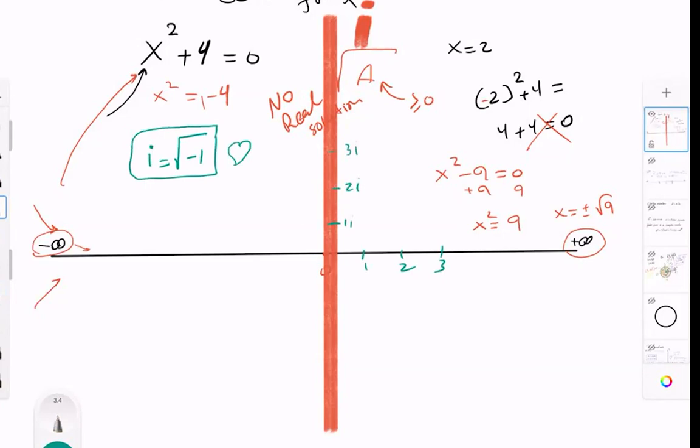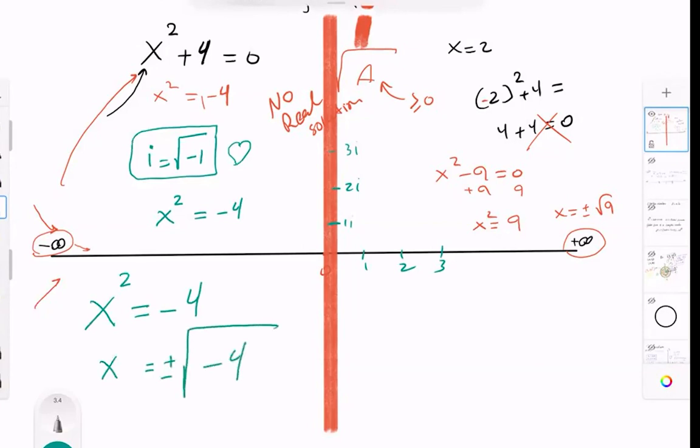So now we have x squared equal to negative 4, correct? We know there is no real solution. x squared equal to negative 4, so x will be plus minus radical negative 4. Radical negative 4 is the same as radical negative 1 multiplied by radical 4.